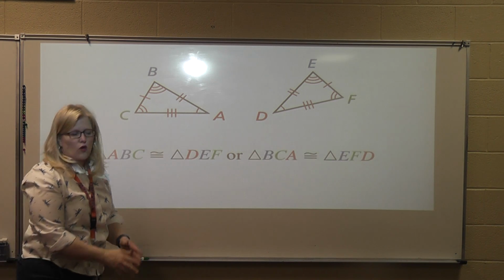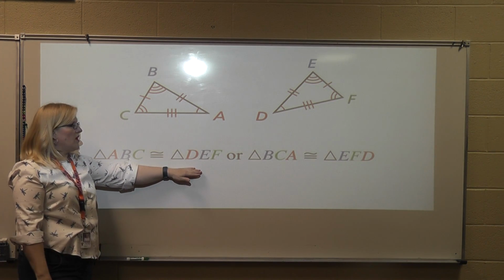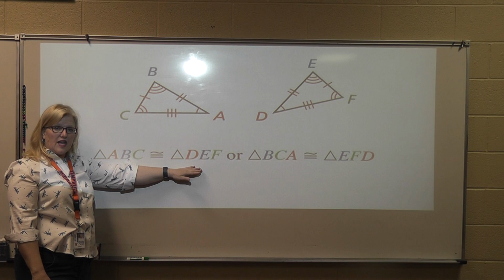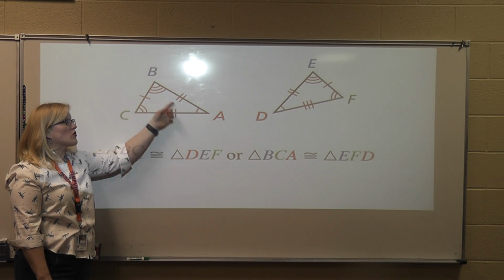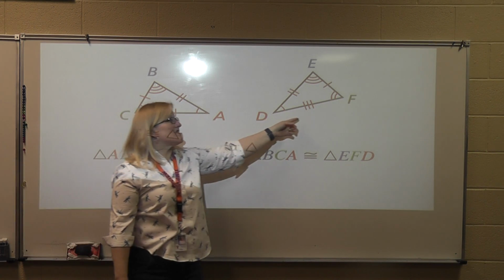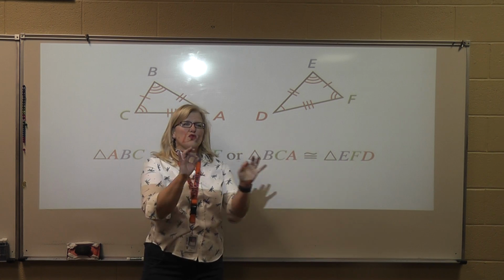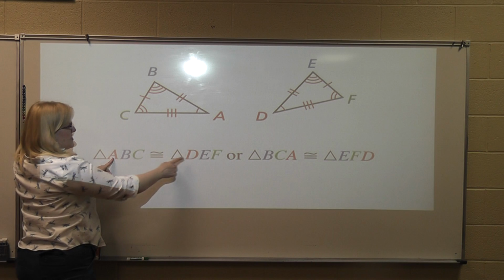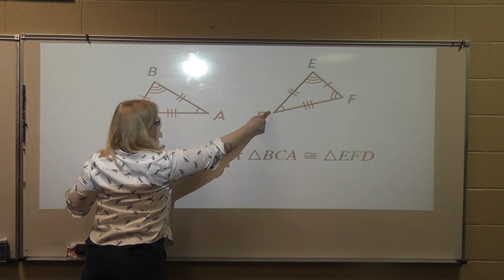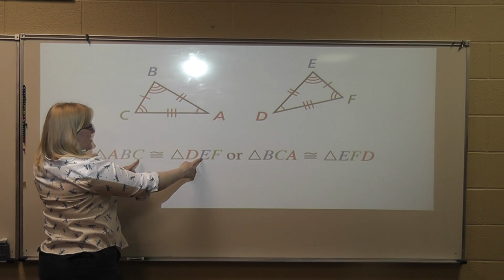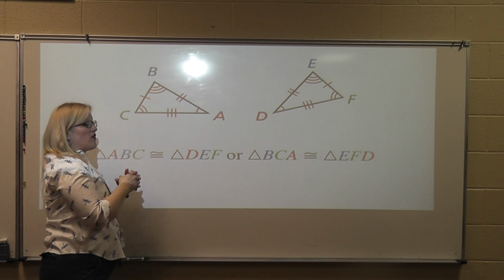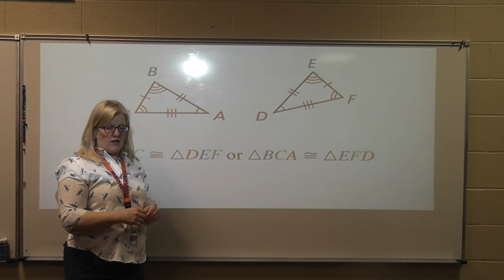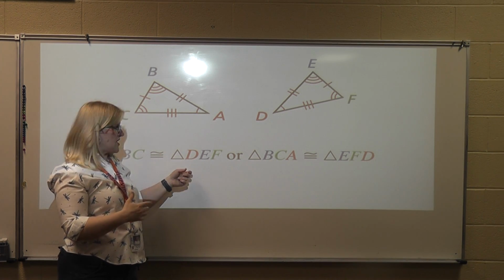One thing to know though, this is also a congruent statement about how the whole triangle is congruent to this whole triangle, but you need to make sure that they match up. For example, A and D match up, right? They both have the 1. B and E, C and F. And so the order does matter in how you write these congruent statements.